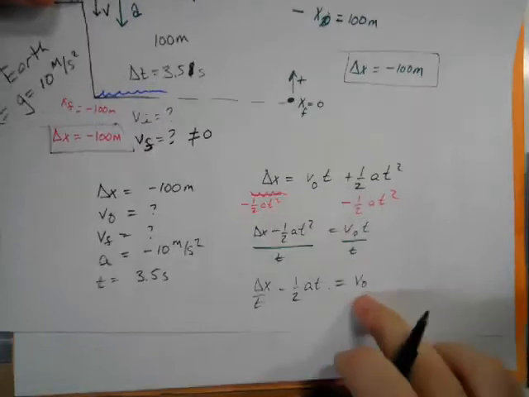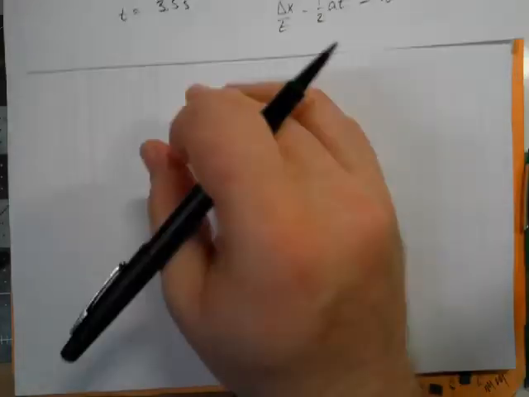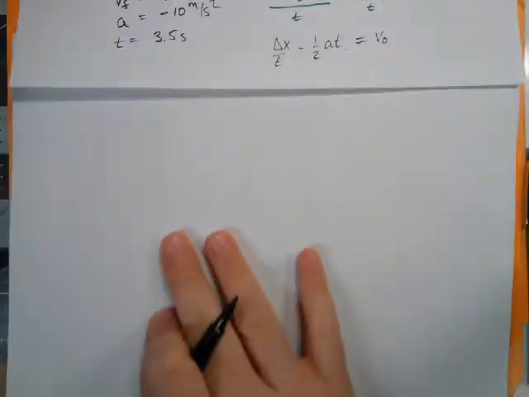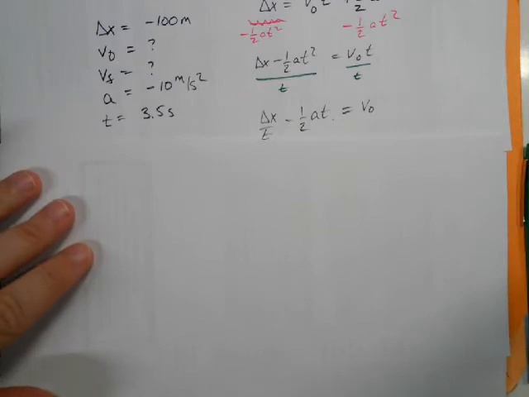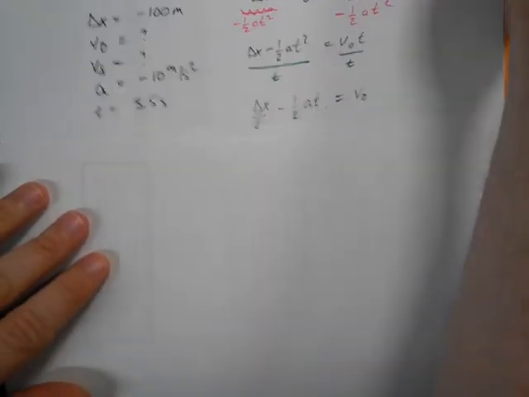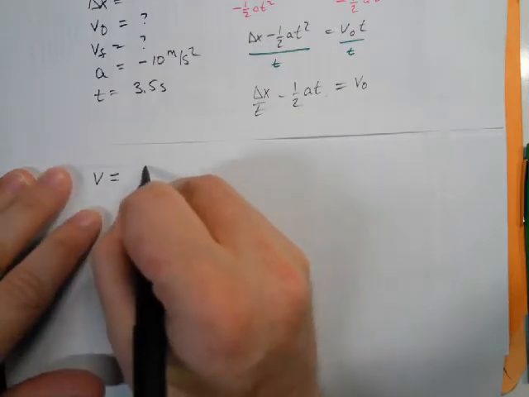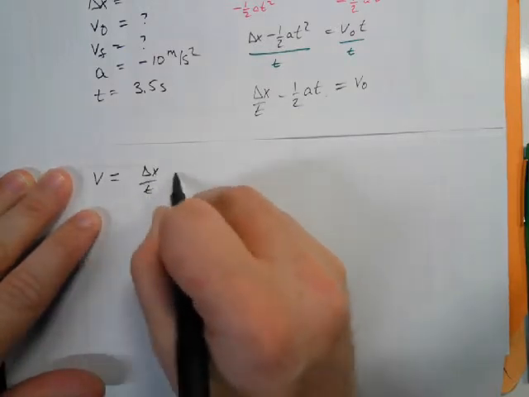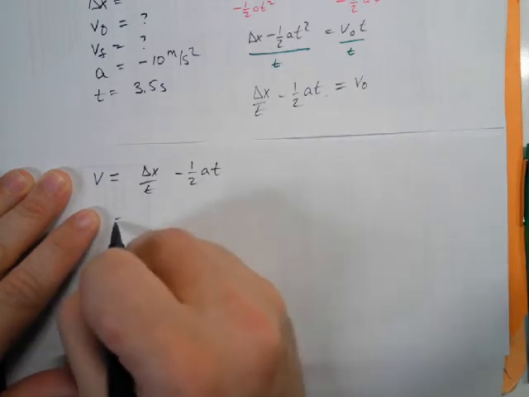Now, we've isolated this. All we got to do is rearrange it. We can take our equation here and move some paper down. I want this to follow one after the other. We can go through and say v is delta x over t minus 1/2 at. And we can plug in.